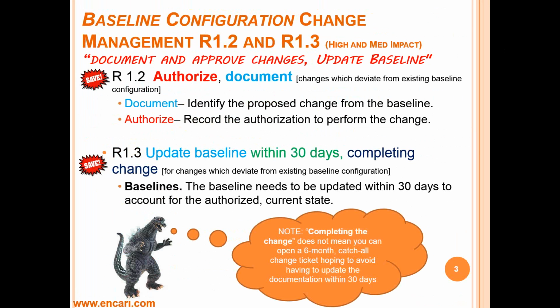The requirement in and of itself is that if the configuration baseline changes, it should be updated in 30 days. So taking 6 months because your change management ticket has a 6-month window, I wouldn't. That could be seen as gaming the requirement or gaming the standard.